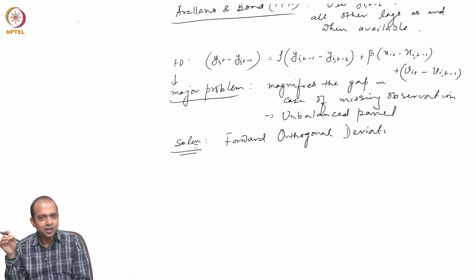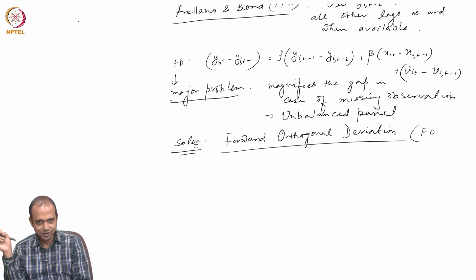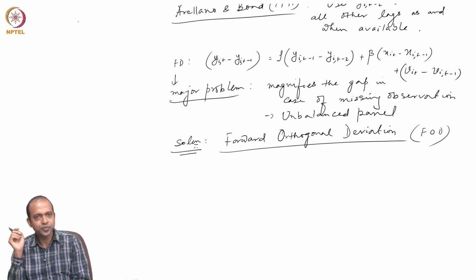Then that average can be calculated for any period. So, the average can always be calculated even if you have missing observations. Irrespective of whatever gaps you have in the data, the sample average can always be calculated.